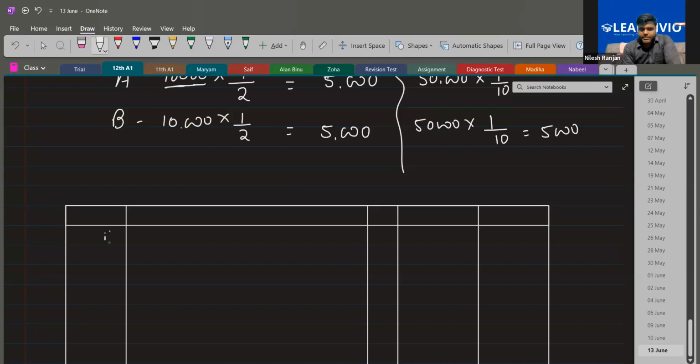The first entry is for bringing capital and goodwill. So cash account debit, to C capital account, to premium for goodwill account.